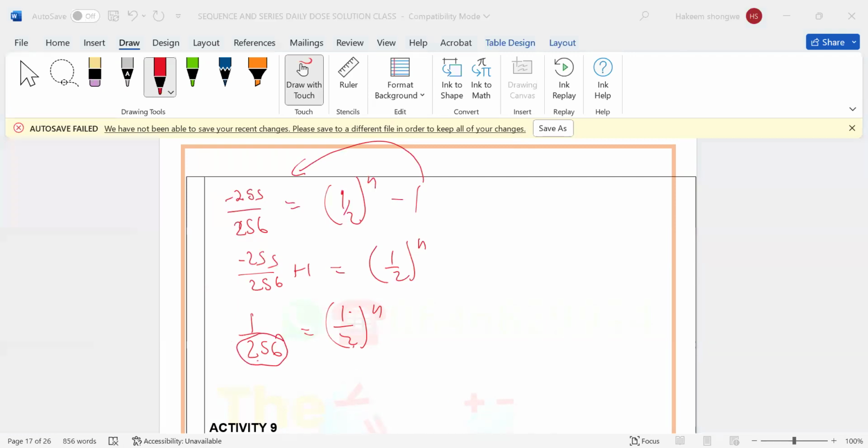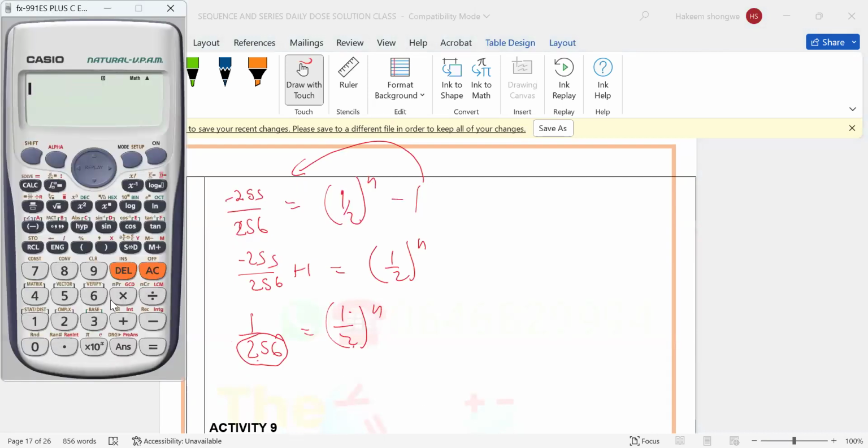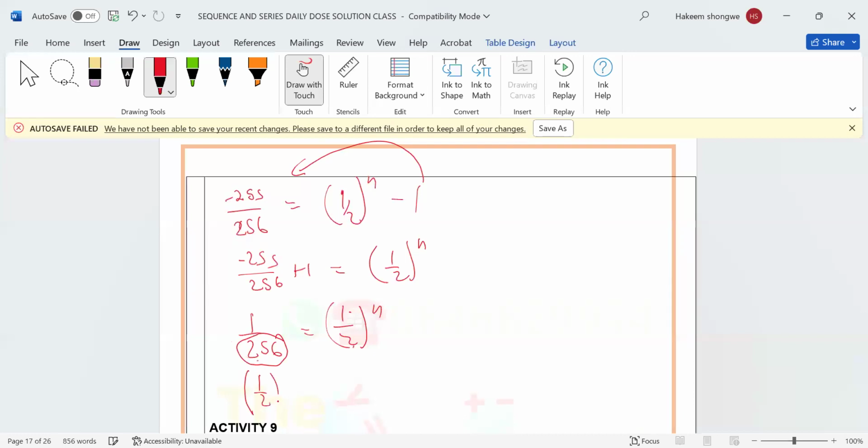You don't do the fraction, you do only the one on the denominator. So you have 256, equals to shift fact. So this can be written as 1 all over 2 to the power of 8, which is 1 all over 2 to the power of n. Therefore, what is our n? Our n is going to be 8.